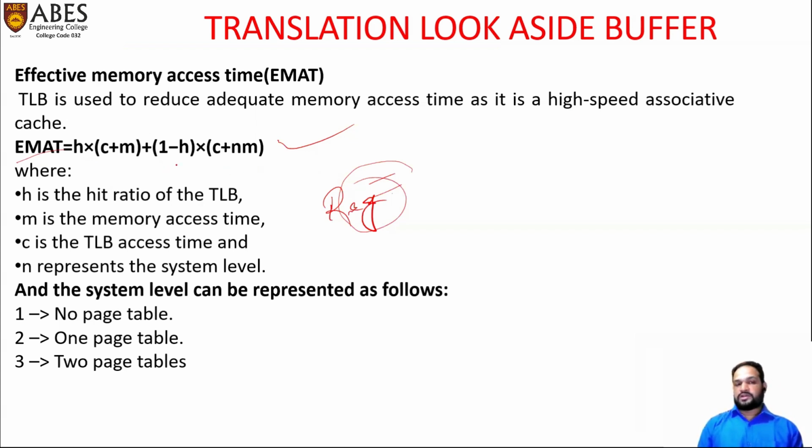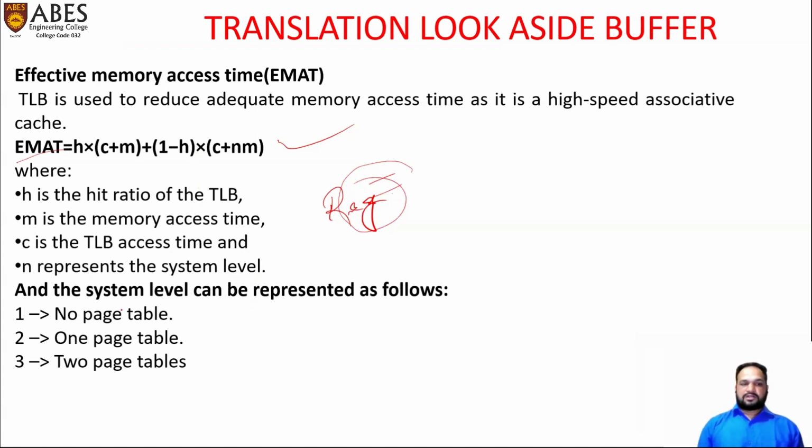Now, one by one we discuss what those terms are. H is the hit ratio of the TLB, M is the memory access time, C is the TLB access time, and N is the present system level, at what level we are accessing.